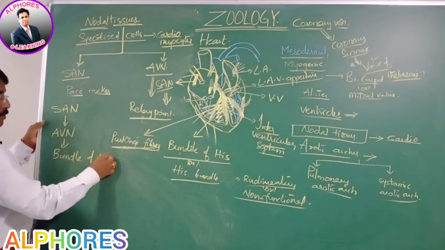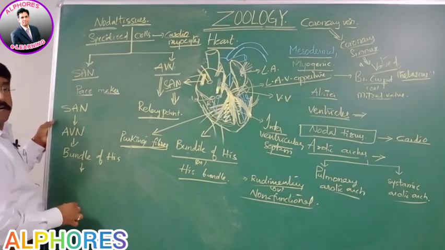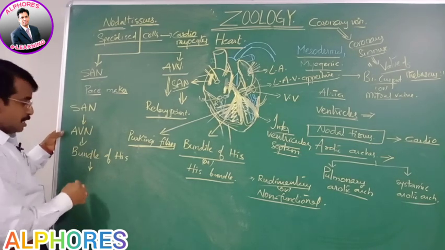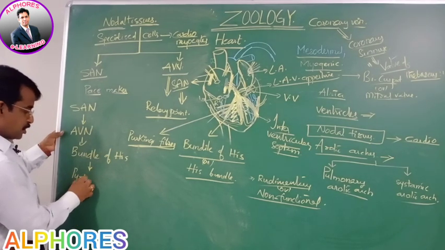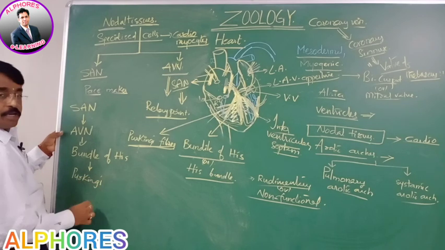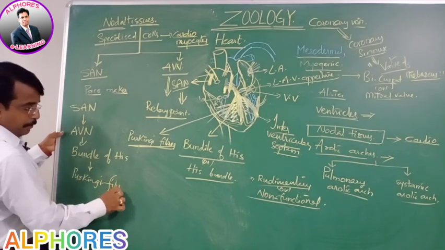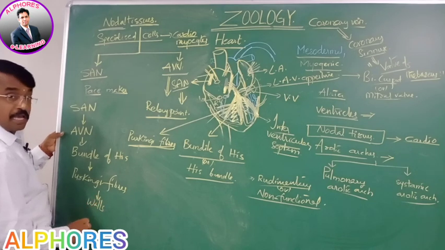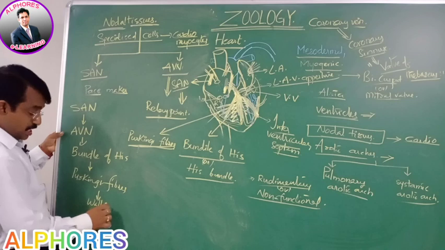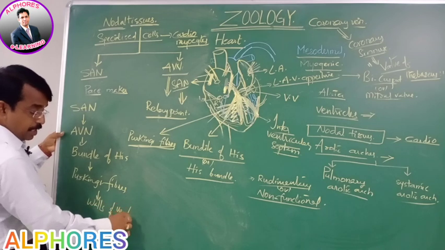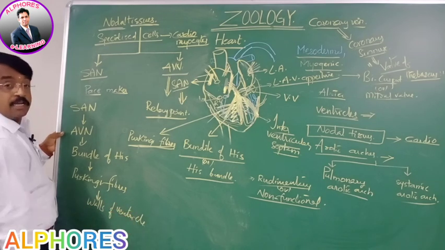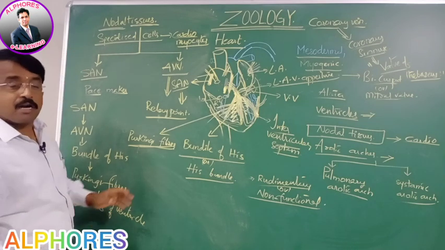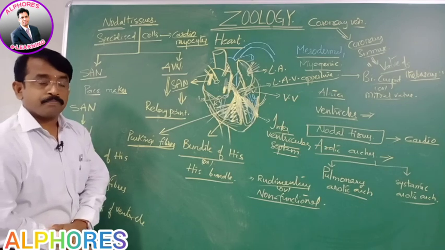Bundle of His is bifurcated, extends over the entire ventricle, and by Purkinje fibers it is connected to the walls of the ventricle, walls, not valve. So this results in sending the wave of contraction from atria to ventricles, and the ventricles contract.